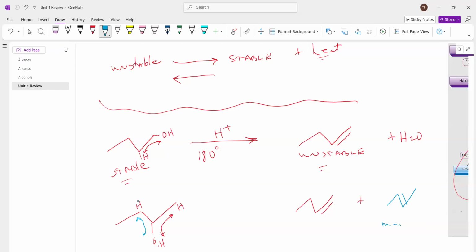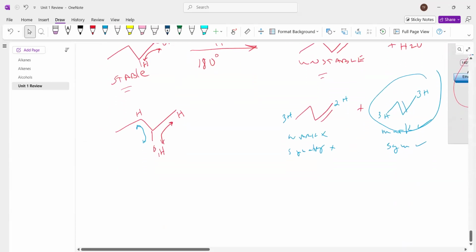So we have Markovnikov considerations, symmetry. Okay, this is more symmetrical, and it's got more terminal hydrogens. So this is going to be the more stable one.